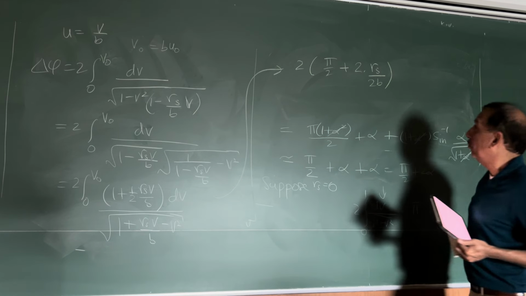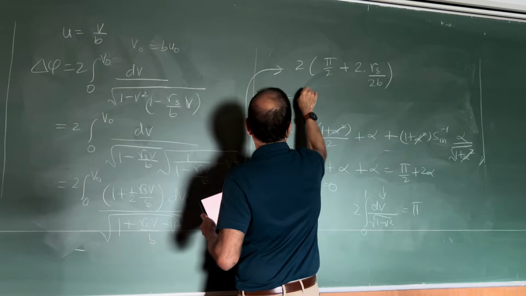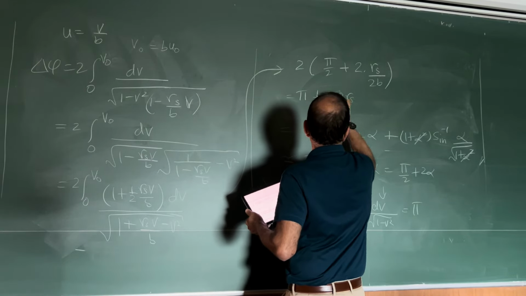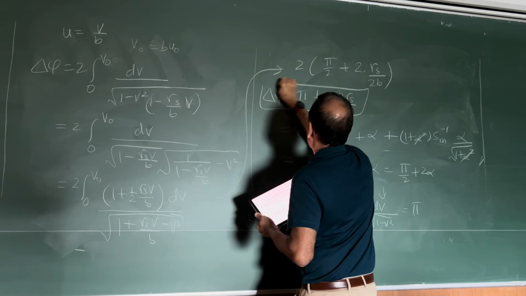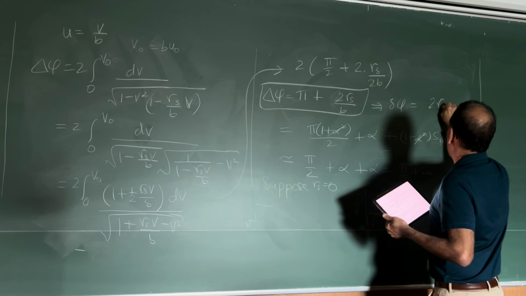That was alpha, which I just erased. So it is pi plus 2 rs over b. This is our final answer for delta phi. And therefore delta phi is 2 rs over b.